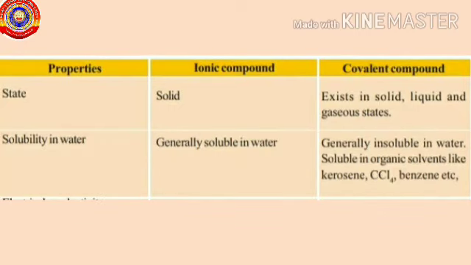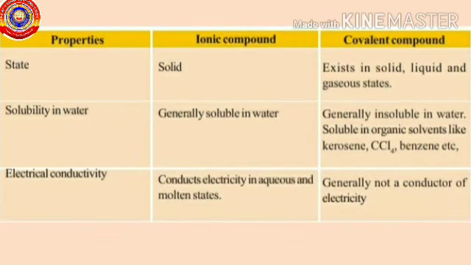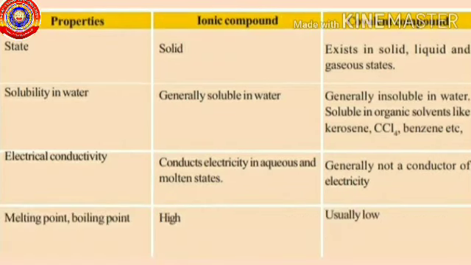Second point, ionic compounds are generally soluble in water, but covalent compounds are soluble in organic solvents like kerosene, CCl4, benzene, etc. Third point, ionic compounds conduct electricity both in aqueous and molten state, whereas covalent compounds are poor conductors of electricity. And the last one, ionic compounds have high melting and boiling points, but covalent compounds usually have low melting and boiling points.